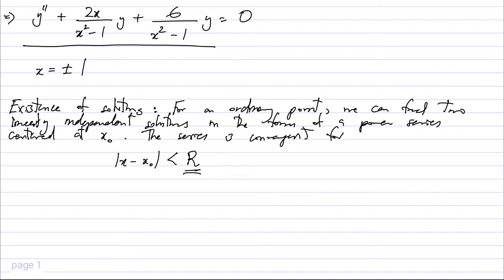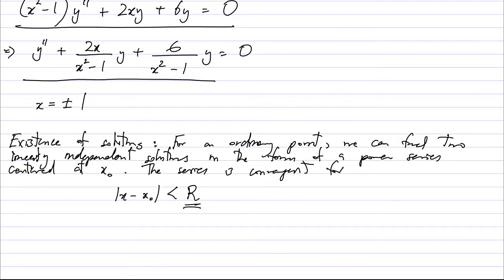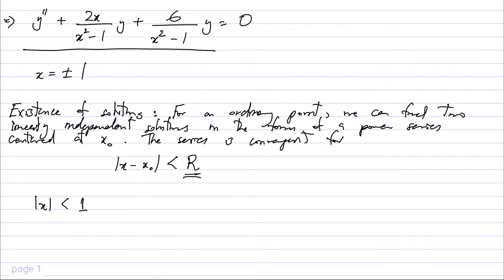So if you write down the power series about the point x naught equals 0, then this series is guaranteed to converge for all values of x such that mod x is less than 1. That's because the radius of convergence for both P of x and Q of x is equal to 1.